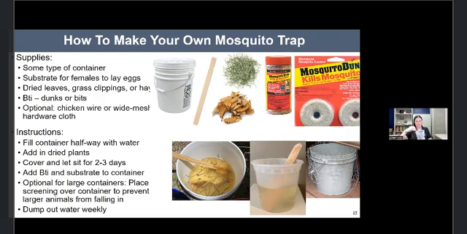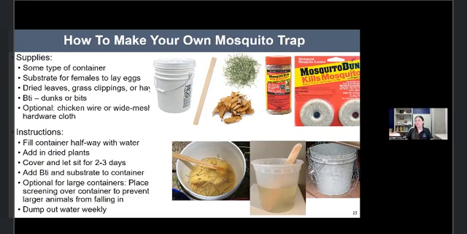Really very simple, just something that will sit diagonally across your container. Then you need some sort of plant matter: dried grass, dried leaves, hay works as well. You will put that in your bucket to make nutrients for the mosquitoes. Then you're going to want to buy BTI.